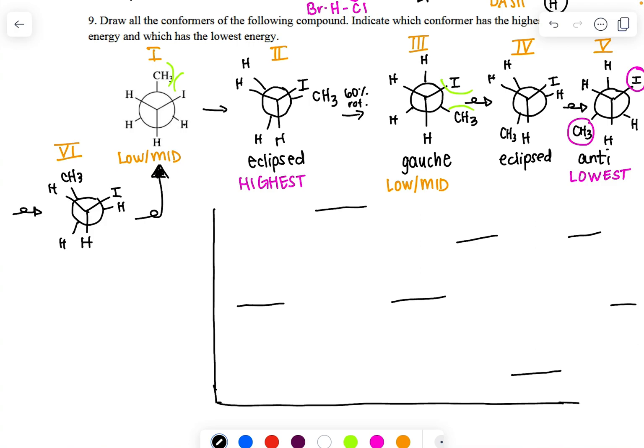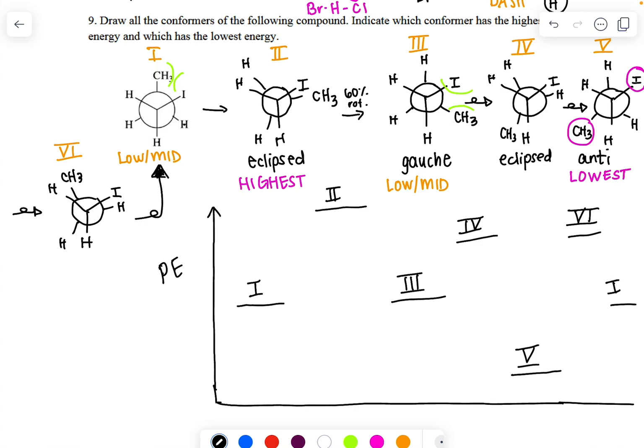All right. So if this is my potential energy diagram, I'm just sort of estimating energies here. This is number 1, this is number 2, this is number 3, this is number 4, this is number 5, this is number 6, and this is back to number 1.